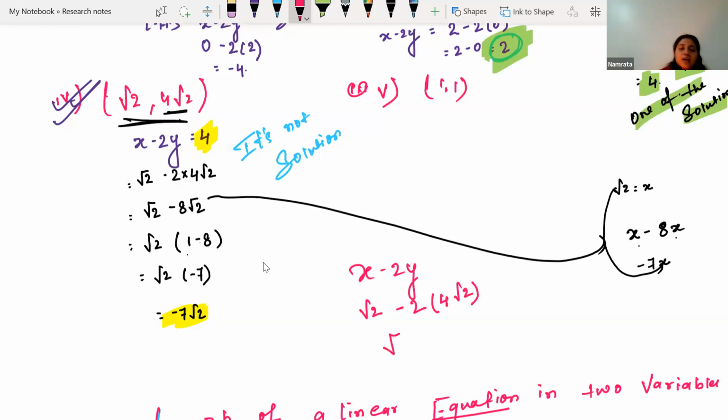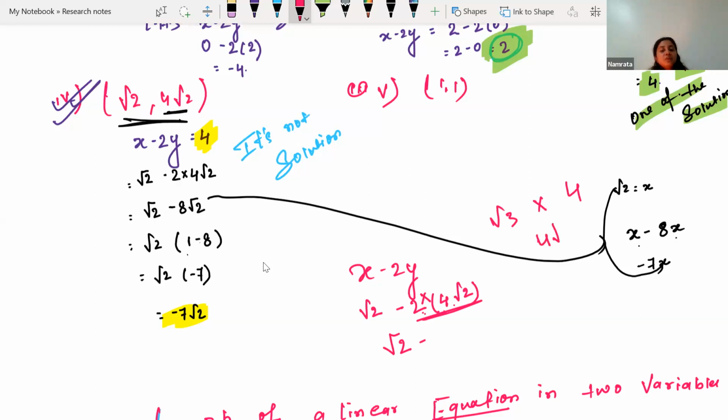Now here we are having root 2 minus, if you will do the multiplication over here, then you have to multiply 2 with 4. The number which is inside the square root, that we can't multiply with the whole number which is just without a square root. If you are having a square root 3, and if you are having only 4, then you cannot multiply both of them.